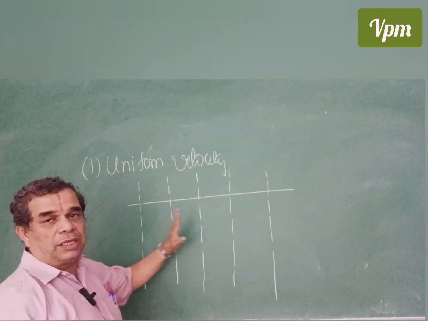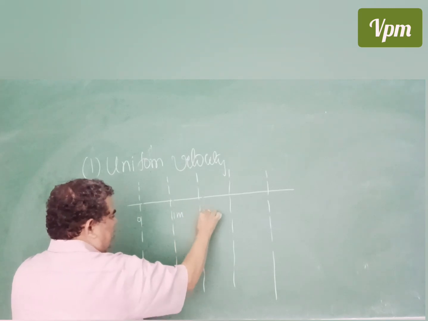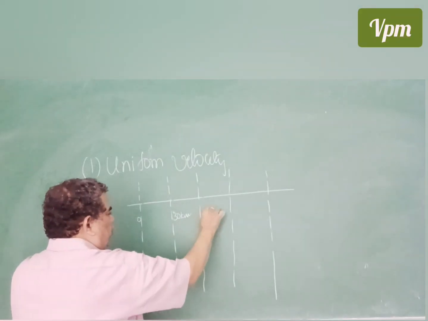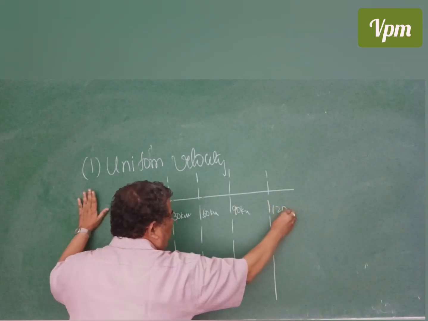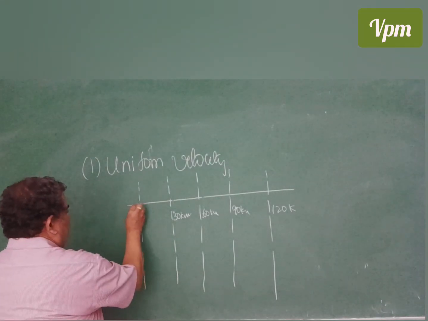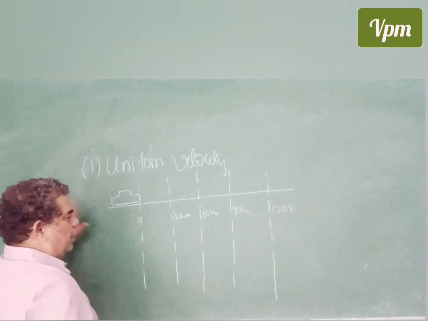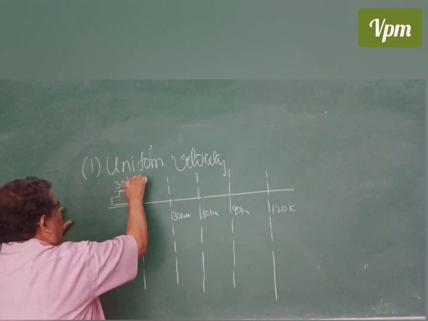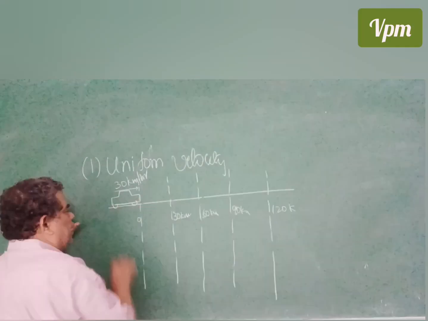This is 0, then 30 kilometers, 60 kilometers, 90 kilometers, 120 kilometers, and it goes like that. At 0 seconds, we imagine we are in a car at the 0 kilometer mark, moving at 30 kilometers per hour without changing its speed and without applying the brake.